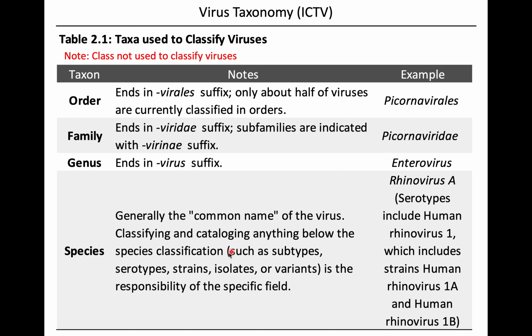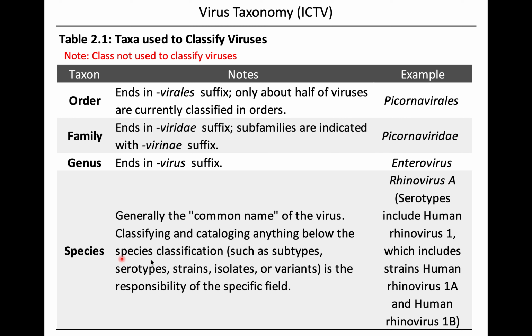And then we do have individual species, and this gets sort of complicated in the microbiology world, because within the species you've got different subtypes or strains or isolates. There's lots of different terms that could be used, but basically different flavors of that species that may be genetically unique and even phenotypically a little bit unique as well.